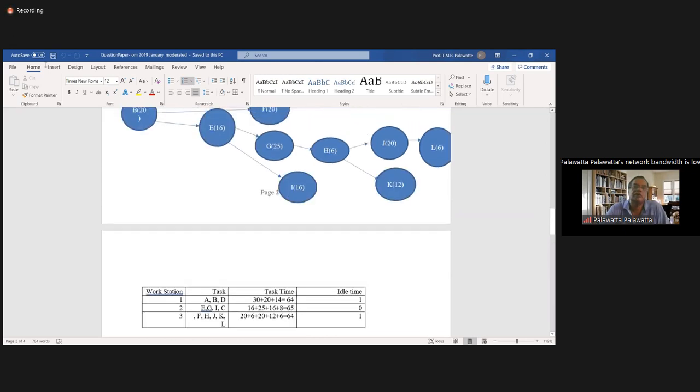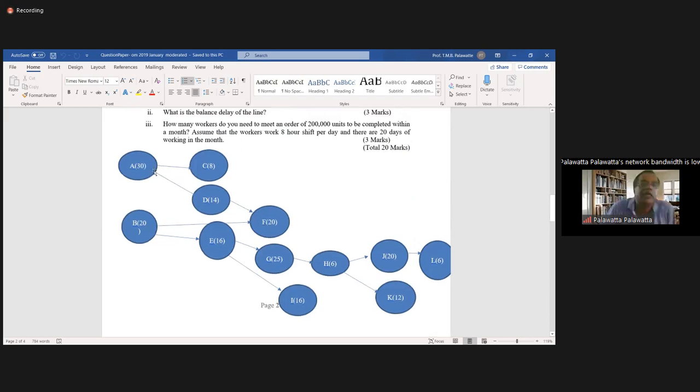So now we have allocated A, B, D for station 2, E, G, I, C. So then what remains are F, H, J, K, L. So F is next.